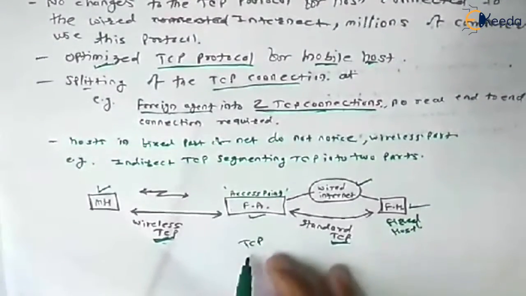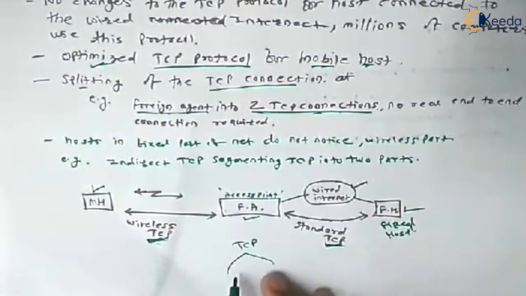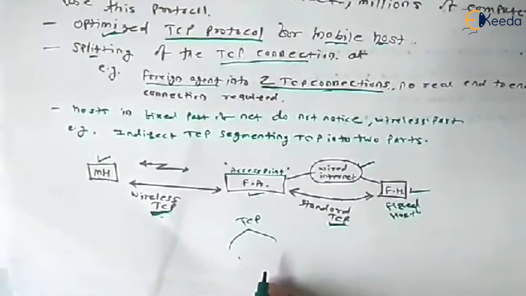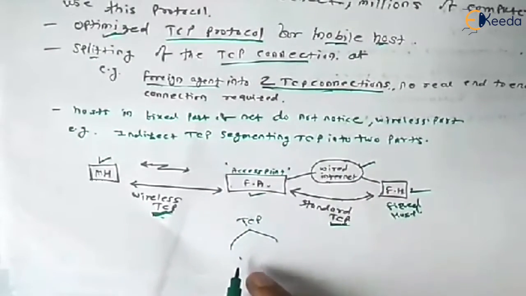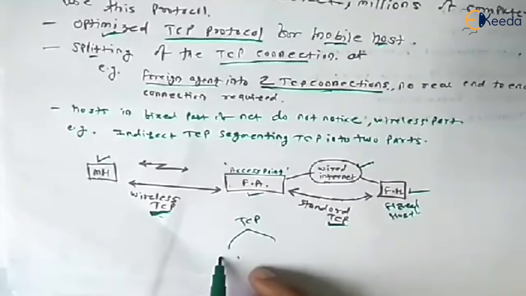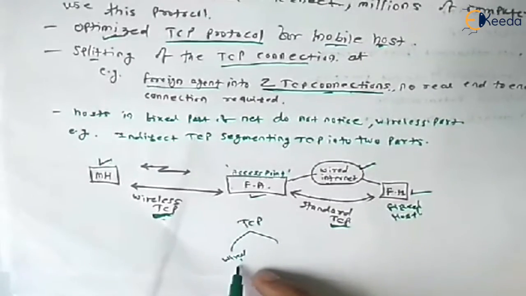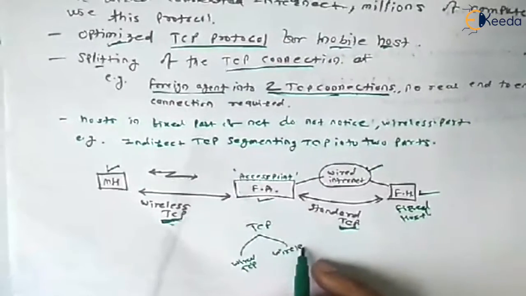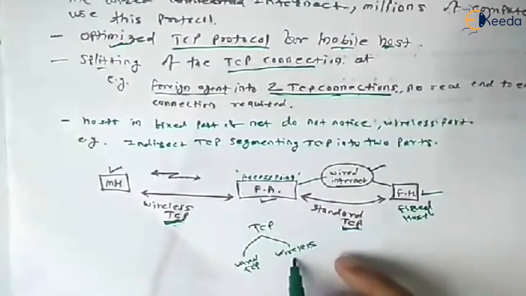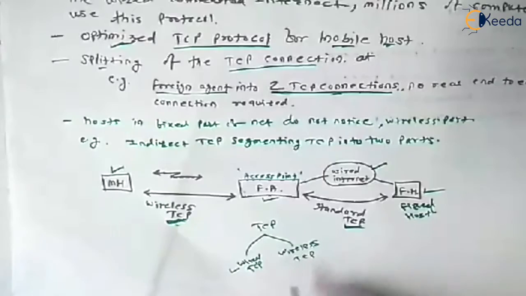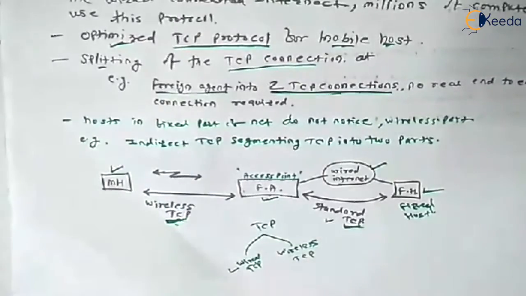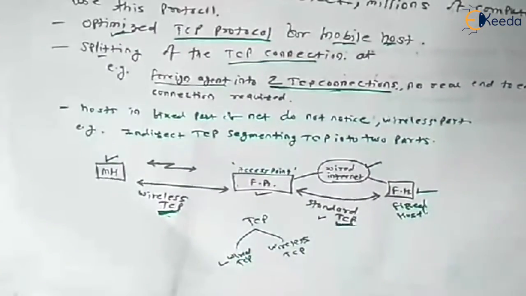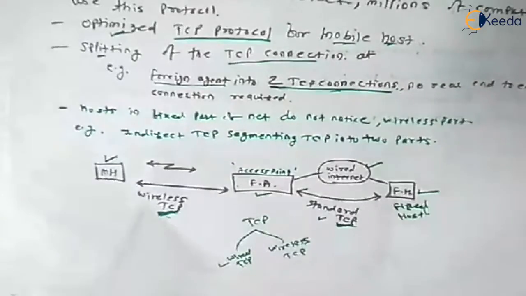So here TCP is getting divided, or split, into two: first is wired TCP and second is wireless TCP. That wired TCP is called standard TCP. So why is this called indirect TCP?